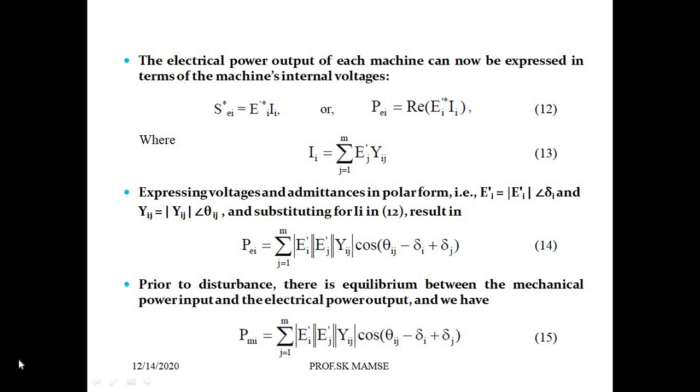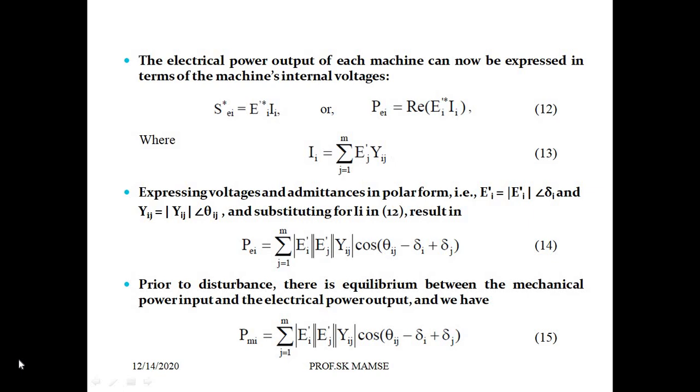Substituting for Ii in the result, Pi is equal to the sum for j equal to 1 to m of the magnitude Ei times Ej times Yij cos of theta ij minus delta i plus delta j.